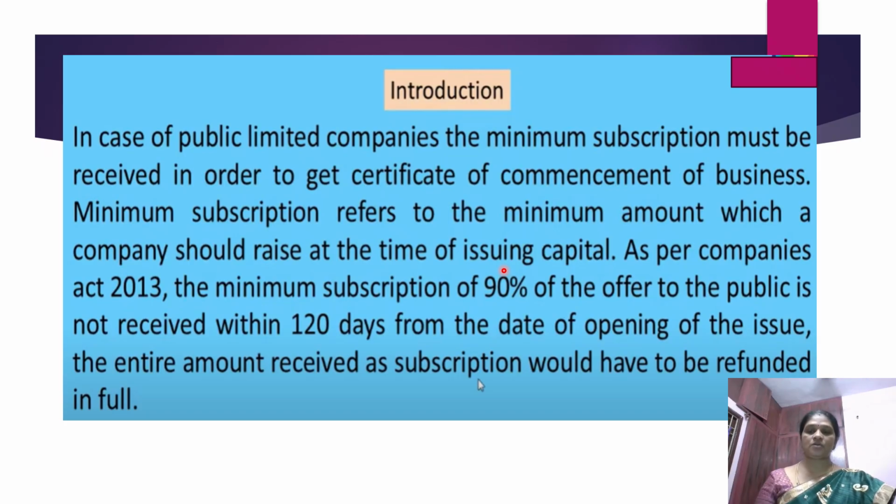If the company has not received the minimum subscription of 90% within 120 days from the date of opening of the issue, it should refund the entire amount received as subscription. It is compulsory for each and every company to receive 90% of the offer to the public within 120 days.